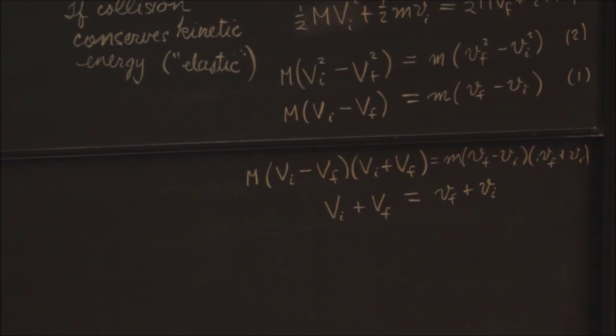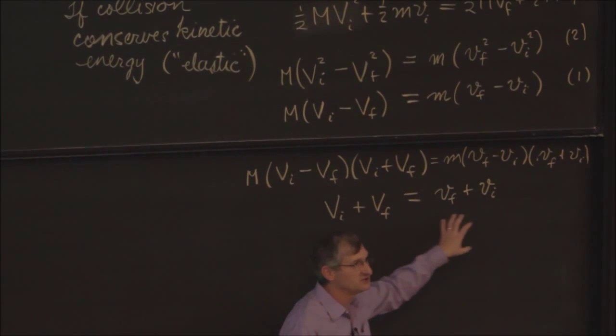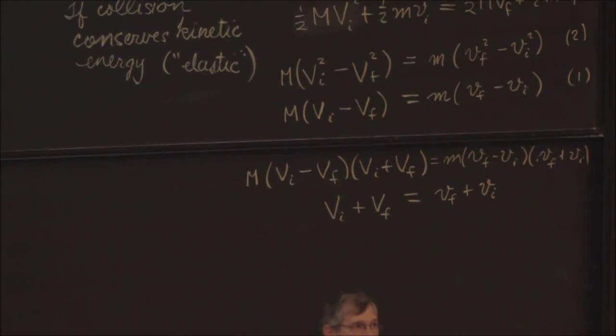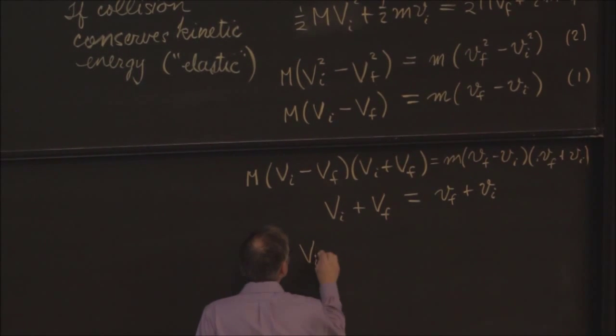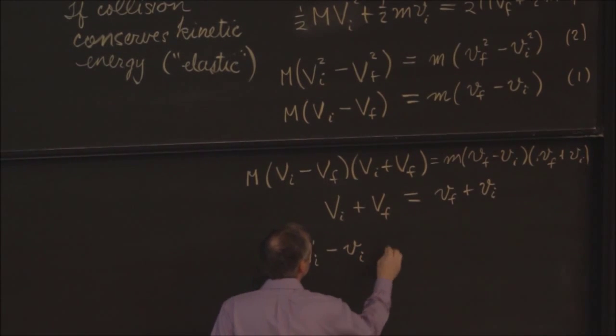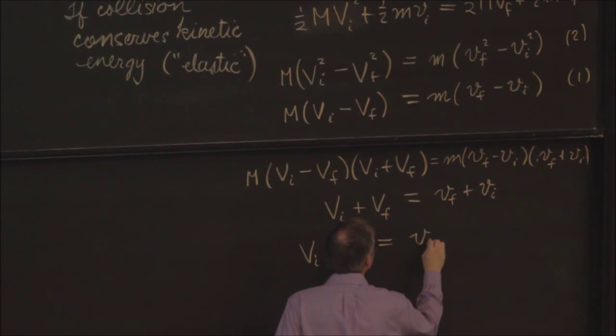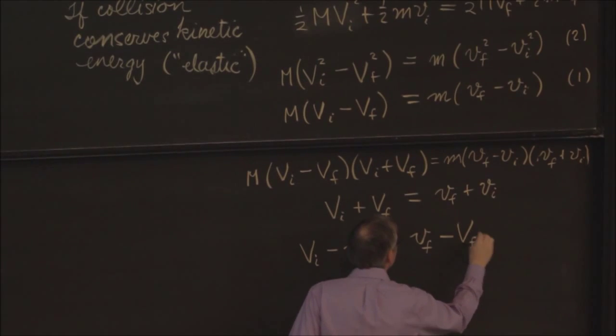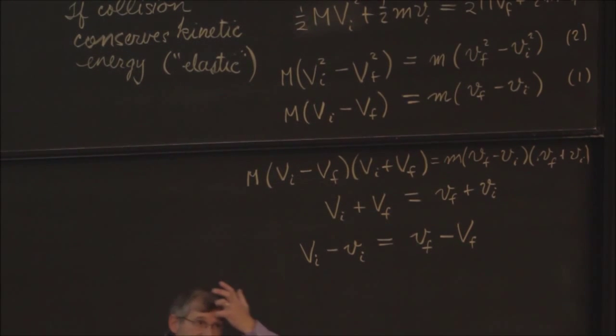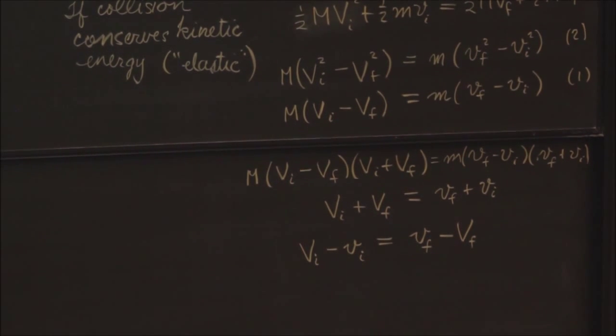Okay, now I want to rearrange that slightly because we have a mixture of initial and final conditions on both sides. So I'm going to put them back on their respective sides. And now I want somebody to describe in words what that means.